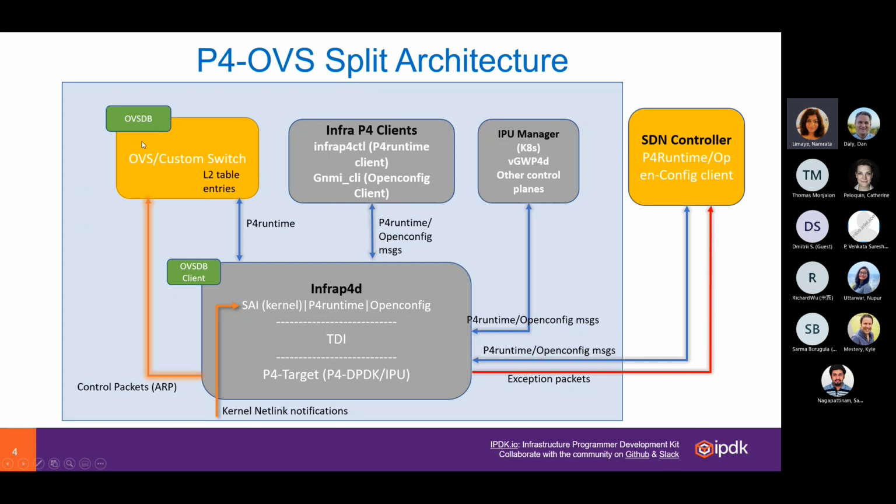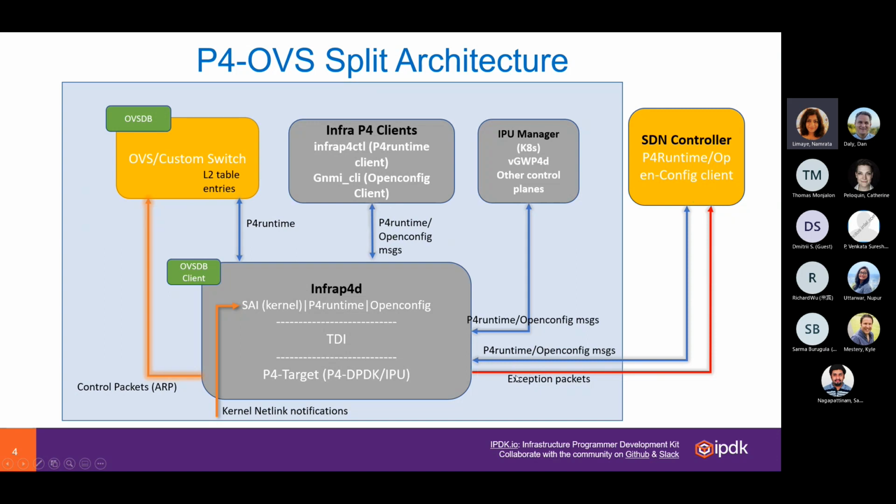And this will basically take care of all the control packets coming up like ARP, which need to be resolved by the OVS switch. And we will need the L2 table entries, and Sandeep will go over more on this stuff when he goes through his slides. So any communication between OVS or any custom switch and infra P4D could be P4 runtime messages. This also talks to the SDN controller here.